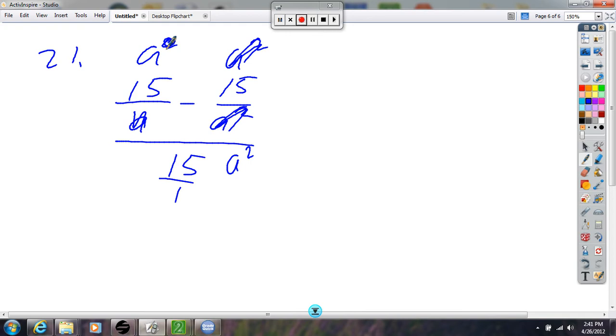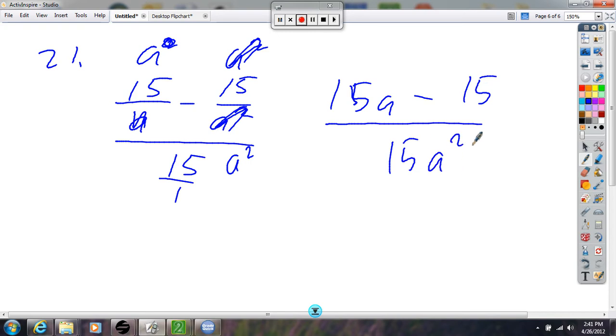We multiply. What do I get when I multiply? 15A. Keep the sign. 15 over 15a squared. That's my answer if I cannot reduce it down any further.